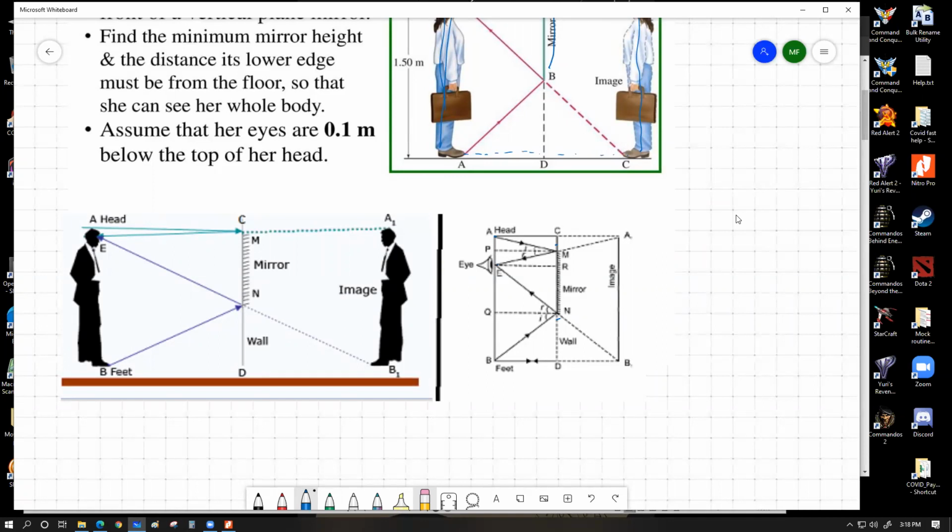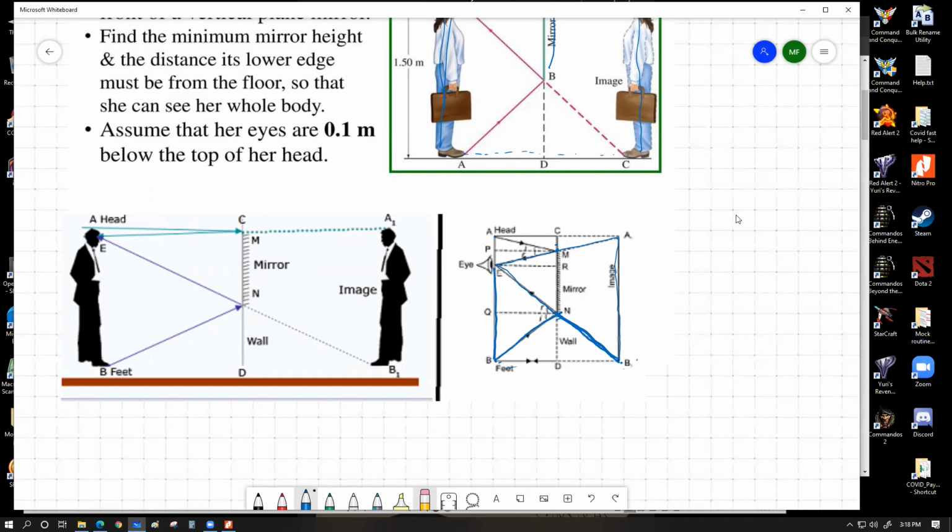And one thing that is pretty interesting is this big triangle that you can see right over here. In this triangle, M is the midpoint of the CA arm and N is the midpoint of the CB arm, because these 2 points are equally far apart from each other. So the length of this light ray and the length of this imaginary line behind the mirror should be exactly equal.